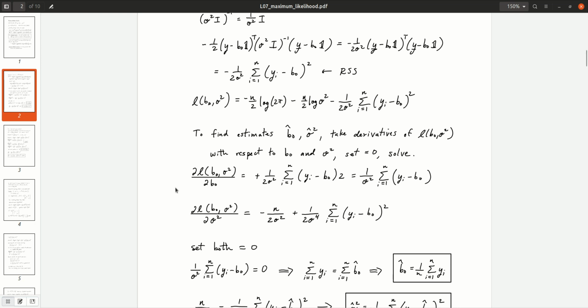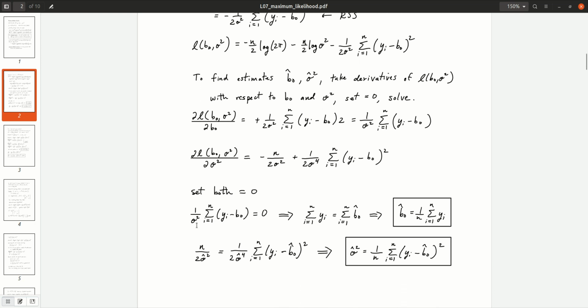So if we set both equal to 0, this first one is easy to solve because the 1 over sigma squared is outside this sum. As long as that's not 0, we can multiply both sides by sigma squared, and we get just this thing equals 0, which means the sum from i equals 1 to n of yi equals the sum from i equals 1 to n of b0 hat.